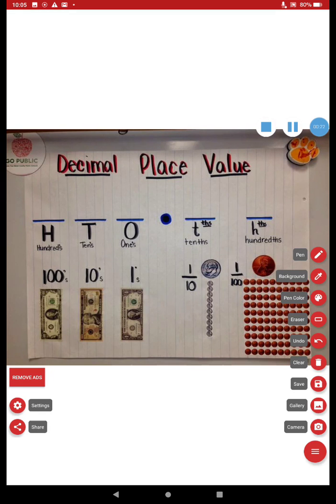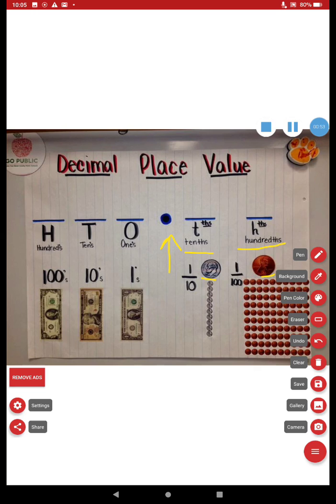All right, the first thing we're going to be reviewing is our decimal place value. Remember, this decimal point marks the center. If I move to the right, I have tenths, which we can imagine like a dime over the fraction 1/10. And if I move 2 places to the right, I have hundredths, which I can imagine a penny or the fraction 1/100th.